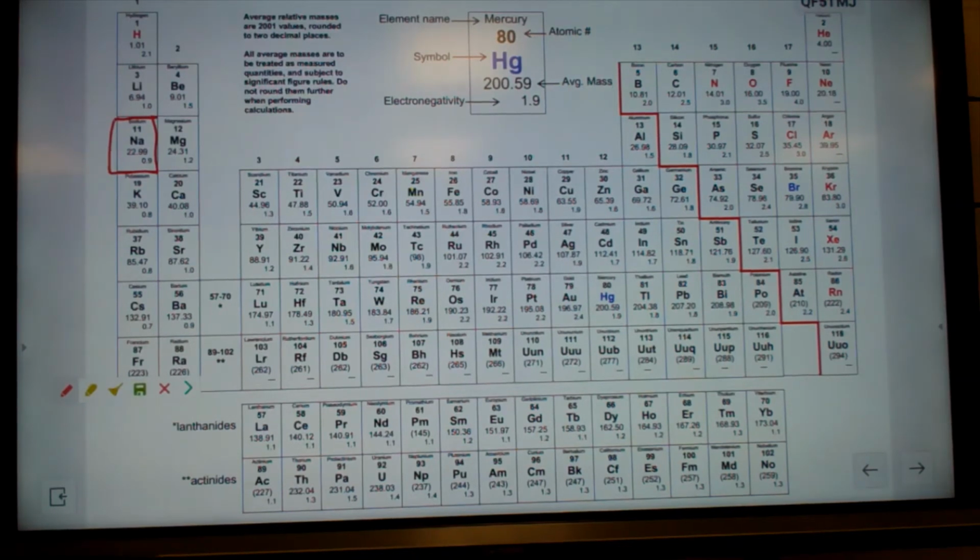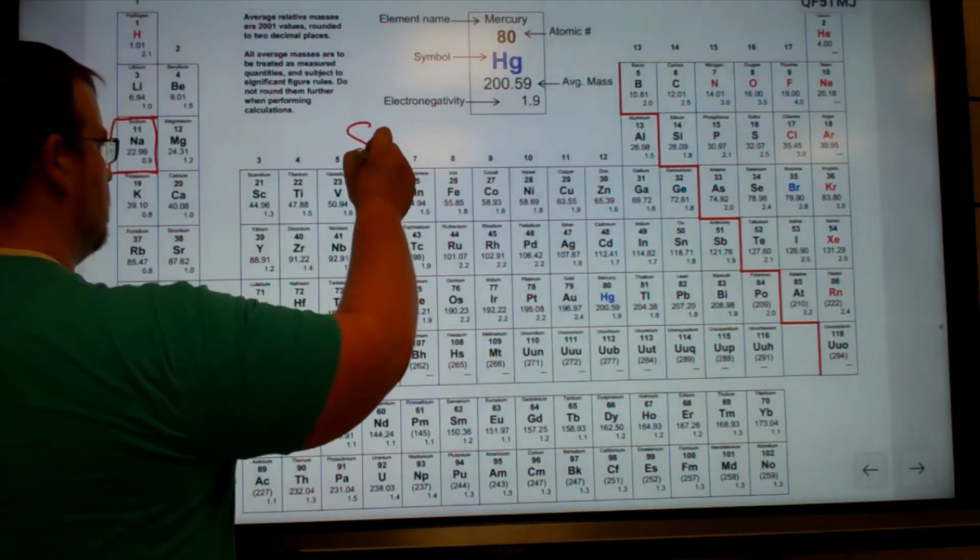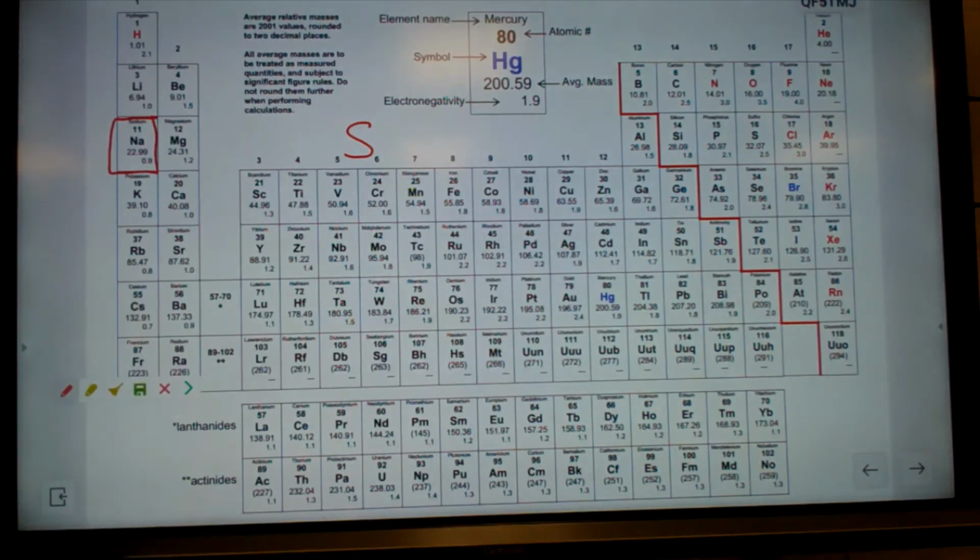Here's why I showed you what I did. Where is sodium? Is it S block, P block, D block, or F block? Hopefully you said S block. Now what row is it in? 1, 2, 3, 4, 5, 6, 7.